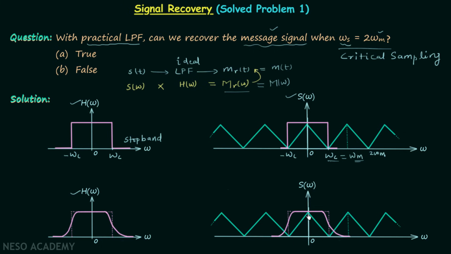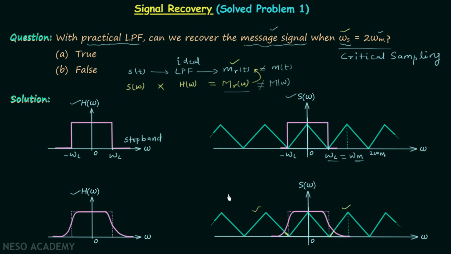But along with this portion, these two spectrums are also passed by the practical low pass filter, and therefore MR omega will not be equal to M omega, and therefore the recovered message signal will not be equal to the message signal. So whenever you have the critical sampling case in which omega s is equal to twice of omega m, and you are using a practical low pass filter, then the recovery is not possible.